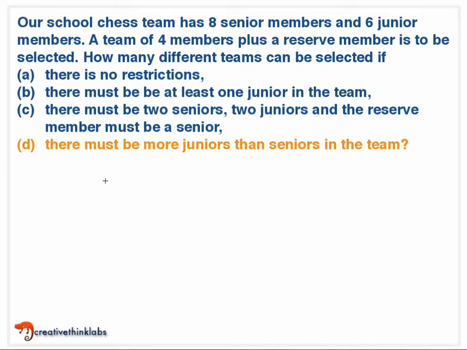There must be more juniors than seniors in the team. Again, this is a very interesting question. I need 5 people in this chess team. If there are to be more juniors than seniors, the only way I can meet this restriction is if I have 3 juniors and 2 seniors.